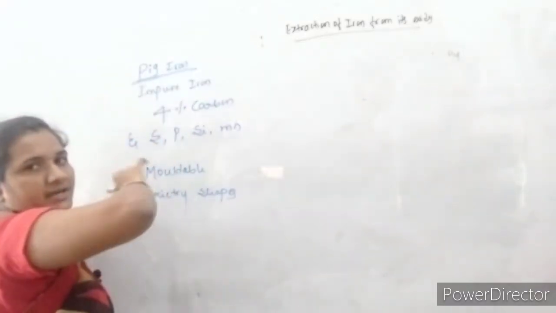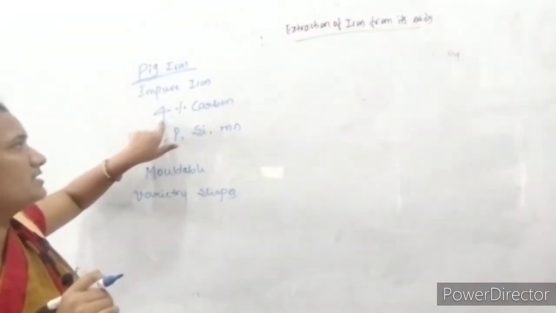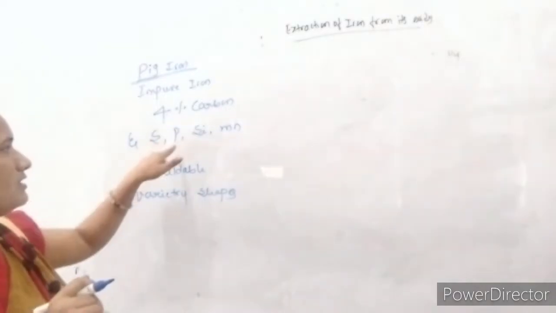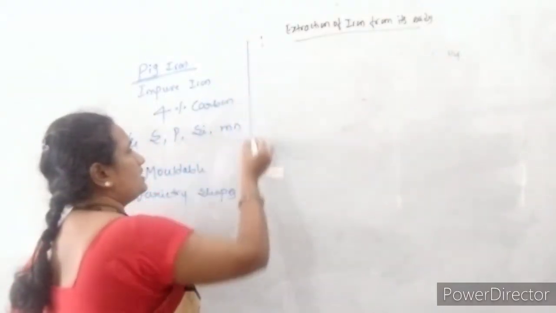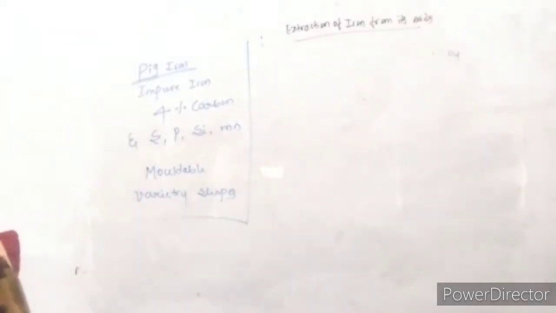You have to remember the word: pig iron is the impure iron, containing 4% carbon along with silica, phosphorus, silicon and manganese as contamination.